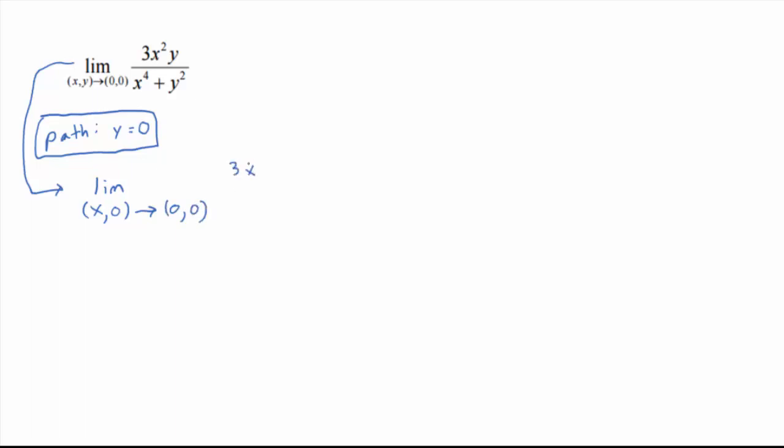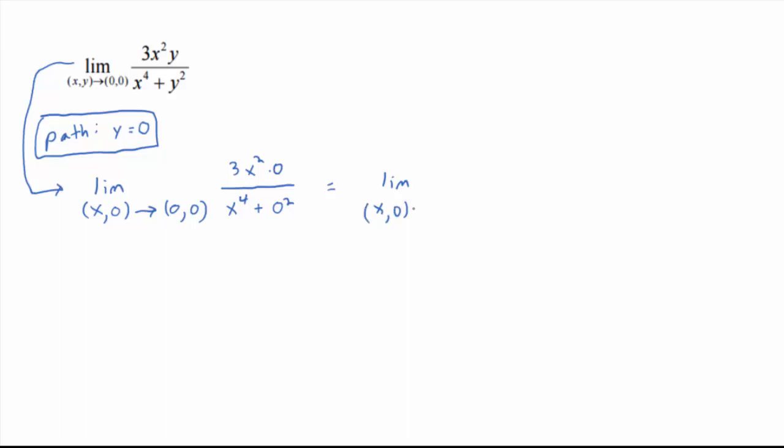Of 3x squared times y, I can just plug in 0 there, right? y is always 0 on this path. And then x to the fourth plus 0 squared. So that's going to turn out to be what?